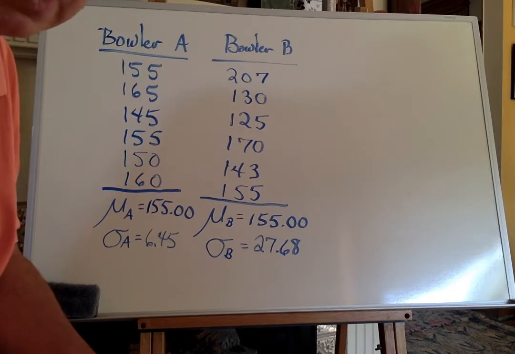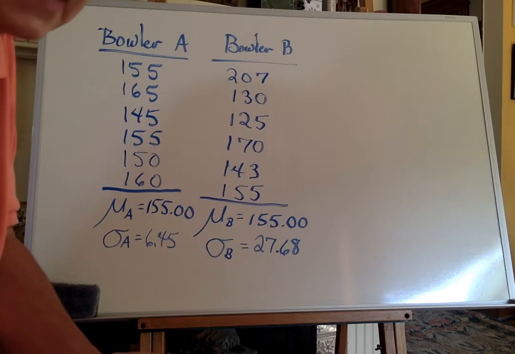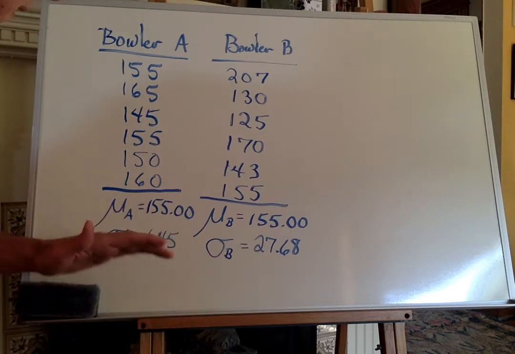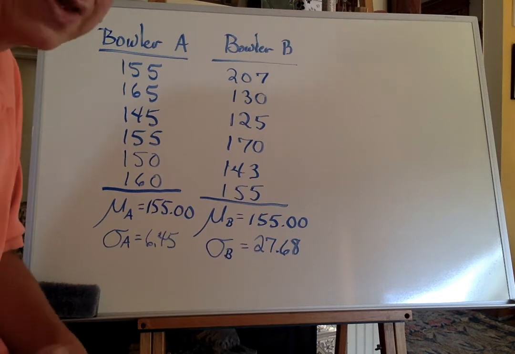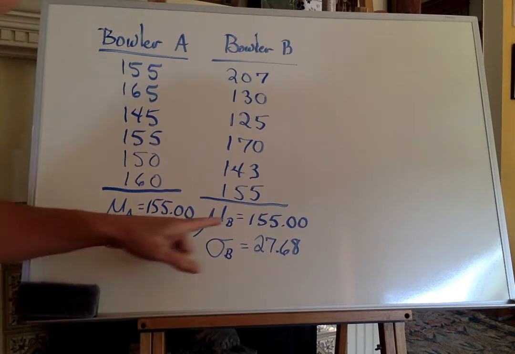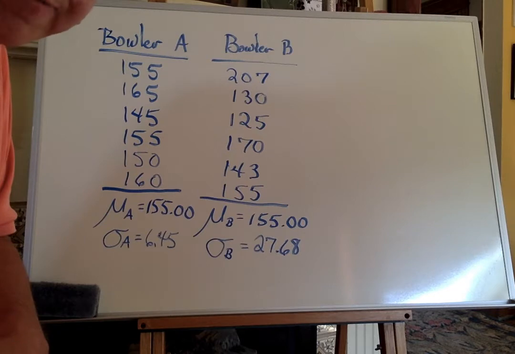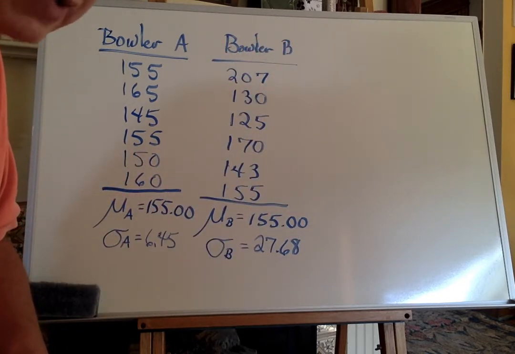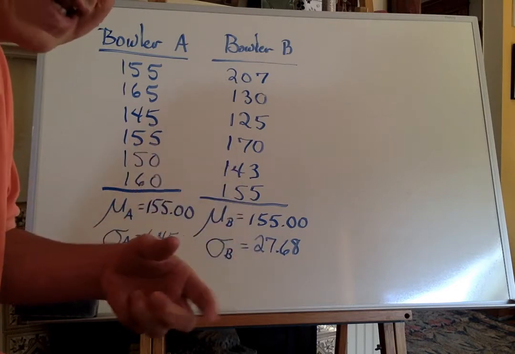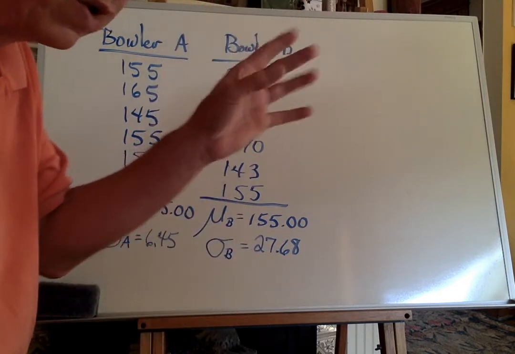Okay. Now, in this case, since the means are the same, I wouldn't say that one bowler is better than the other. They both have an average of 155. And I don't know what they've done before, right? Sometimes people get a little bit caught up in what they did before.